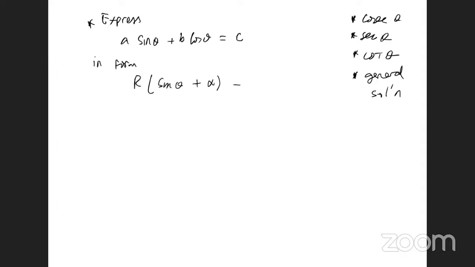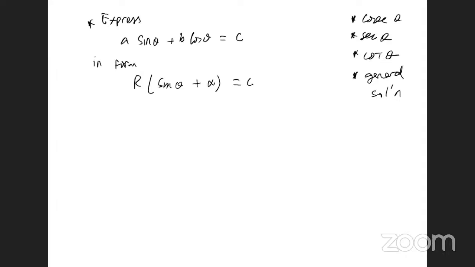The next thing that we're going to learn is to express a sine theta plus b cos theta equal to some constant c in the form r sine of theta plus alpha equal to c.